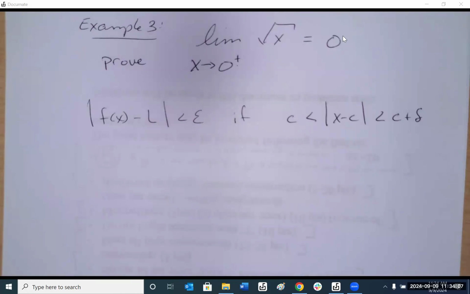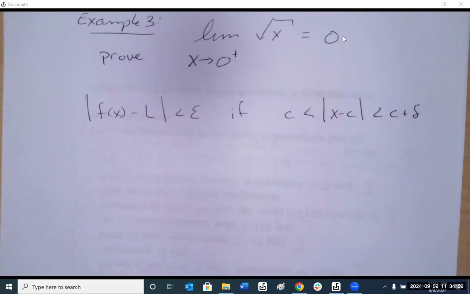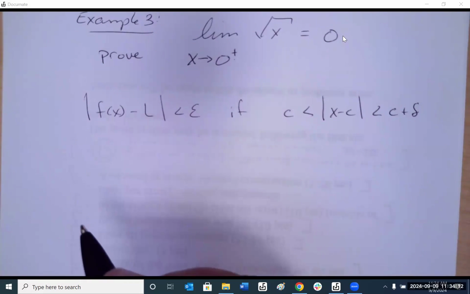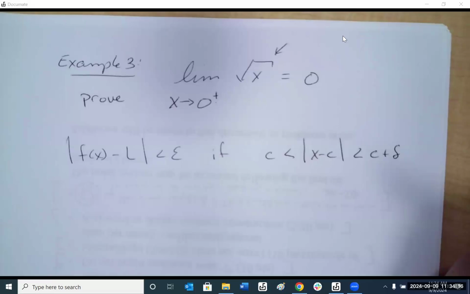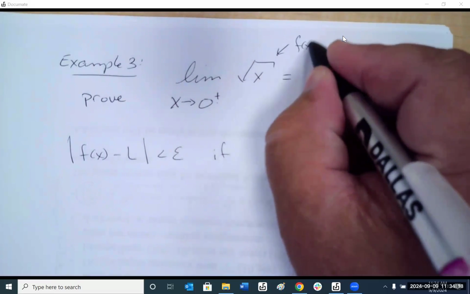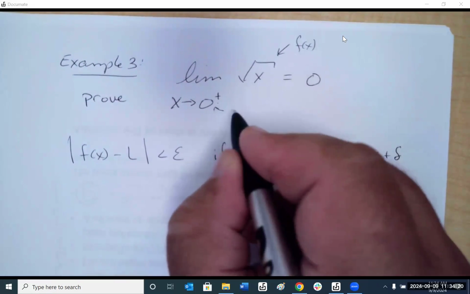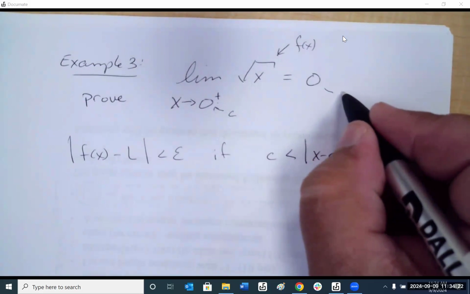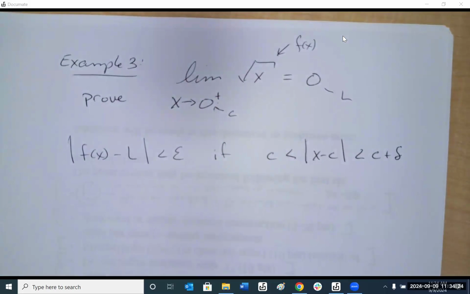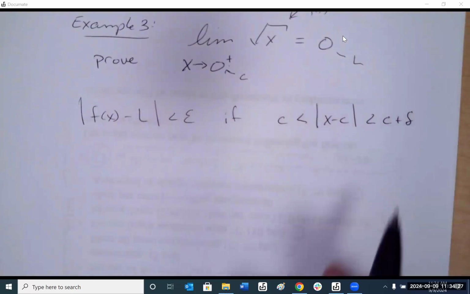So what do we put in there? What are our inputs? Well, what's this? That's our f of x. This is our c. This is our L. So now we have to put those all the way through.